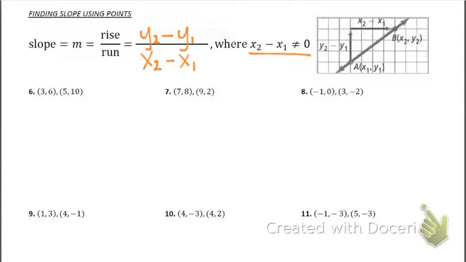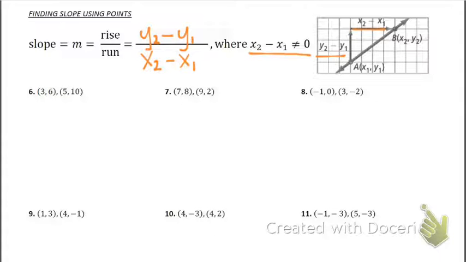So here's how I do it, and then I'm going to give you guys a chance to do the rest. The little graph is just a little graphical representation of what's going on. So your change in y's over your change in x's, it's rise over run. When I am solving these, I always label which one I'm using as x1, y1, and which one I'm using as x2, y2. So look at number 6.